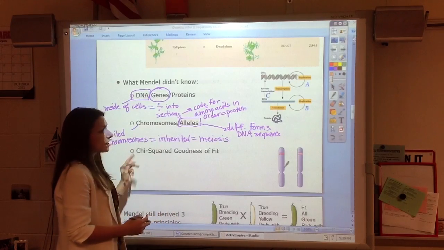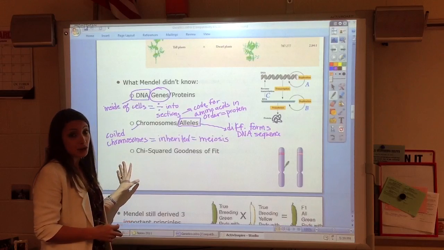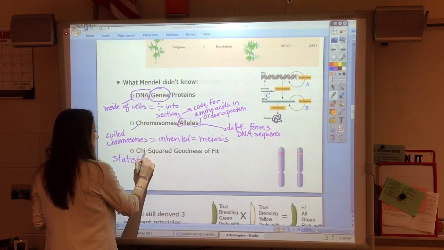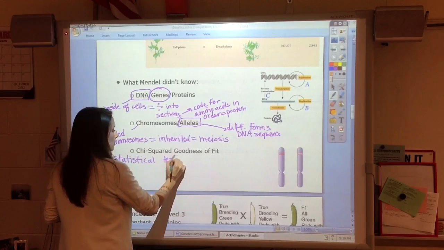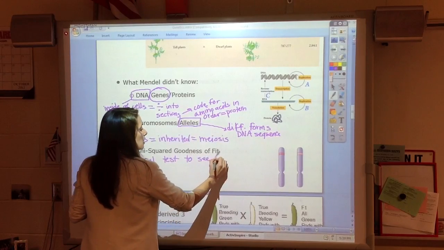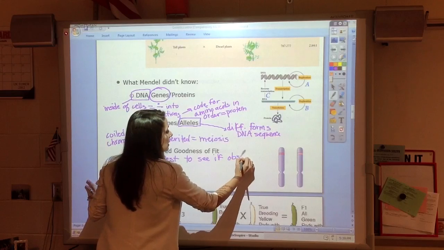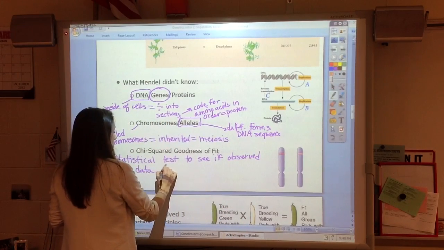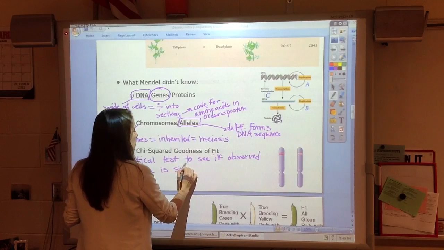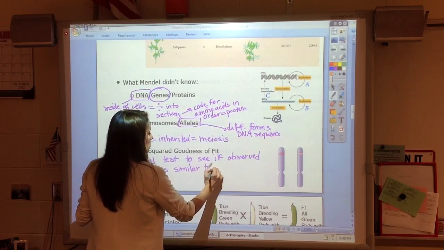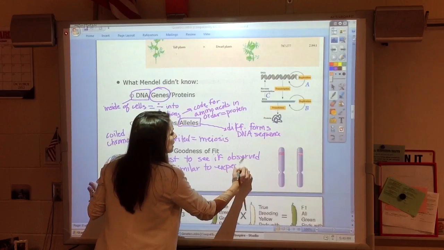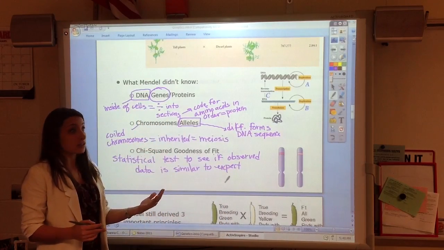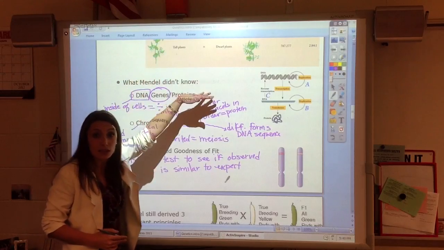The other thing that's really helpful for us is something called the chi-square goodness of fit test. This is a statistical test to see if the observed data is similar to the expected. Do I see what I expect to see? I've made a hypothesis. I think that this is dominant and this is recessive.